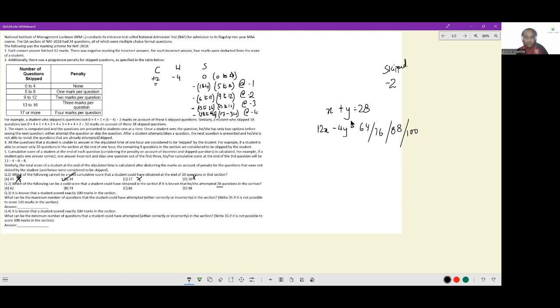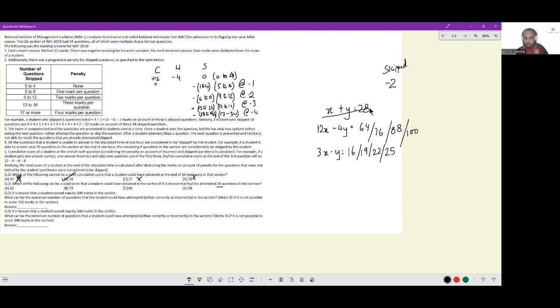In whichever case we get X and Y as integral, that will be the acceptable case. So first thing I can do is divide the entire equation by 4. I'll get 3x minus y is equal to 16 or 19 or 22 or 25.